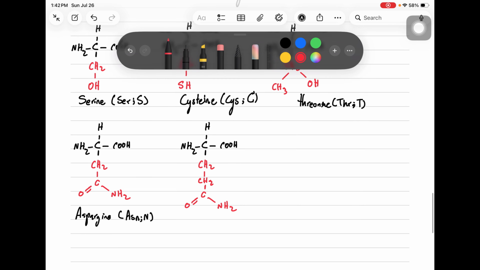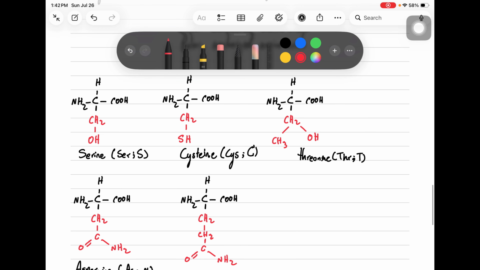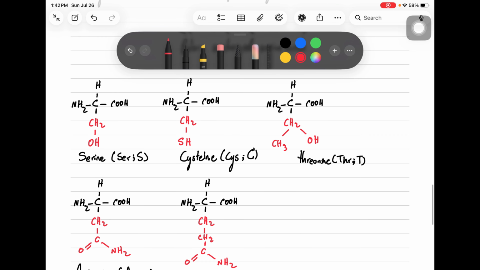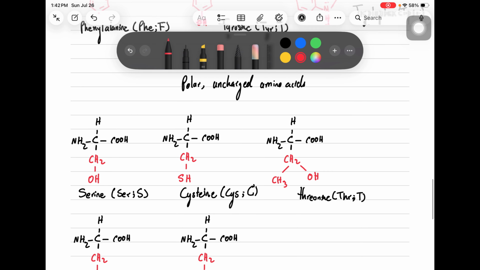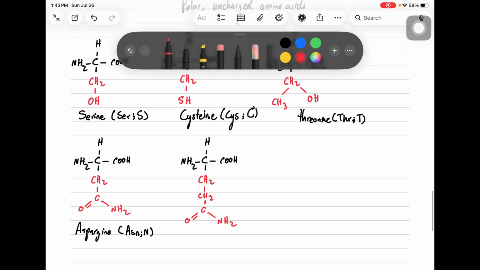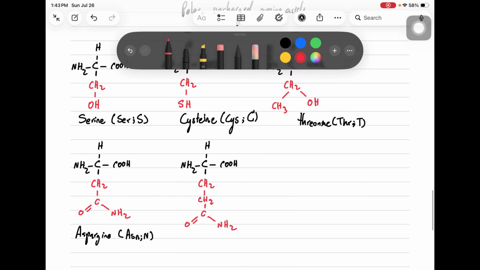If you look at them, they have side chains that can form hydrogen bonds, but they don't carry a charge at physiological pH. And one of them, cysteine, deserves a flag: disulfide bonds essentially stitch 2 parts of a protein together. They're huge for structure, and we'll build on it in the next episode.